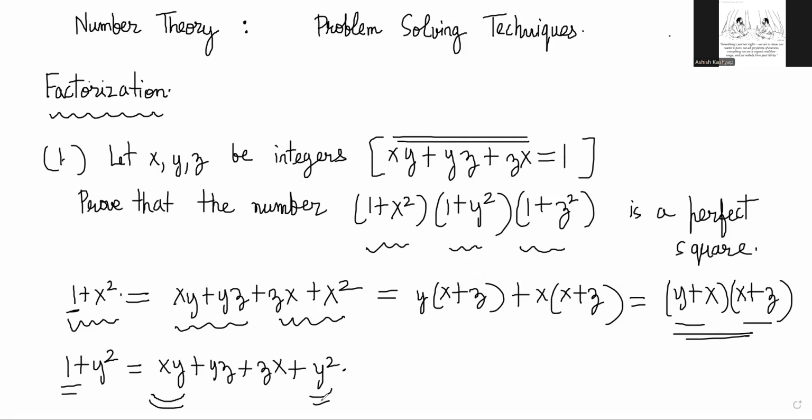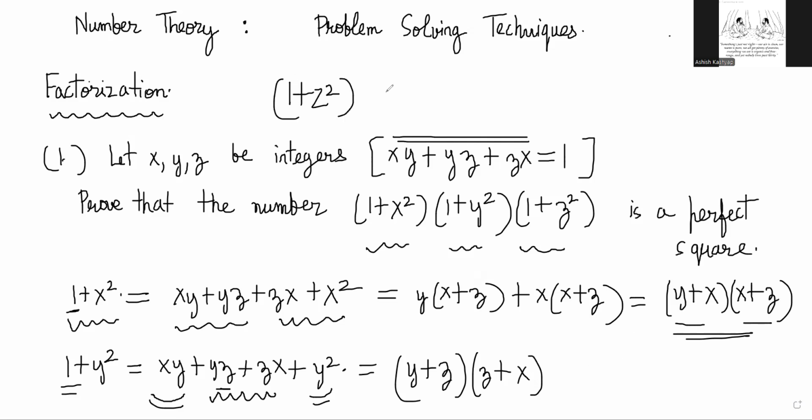You'll get x plus y as a factor, and then you can take common between xz and yz by taking z common. You will end up with y plus z times z plus x here. Similarly, we can also prove that 1 plus z square is equal to z plus x times y plus z. The same idea: we are using the condition given in the problem to factorize each of these terms.